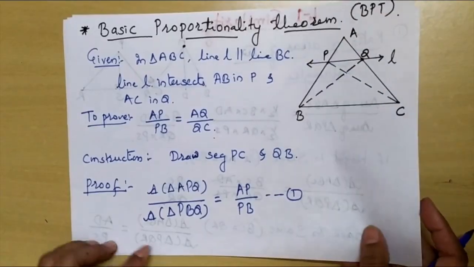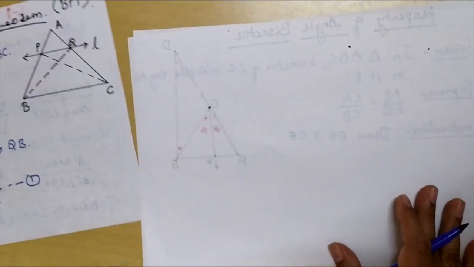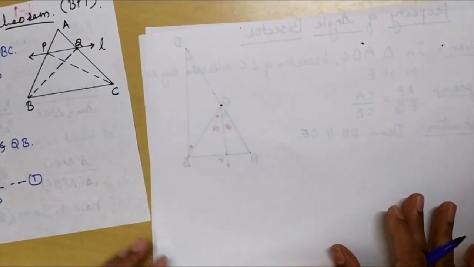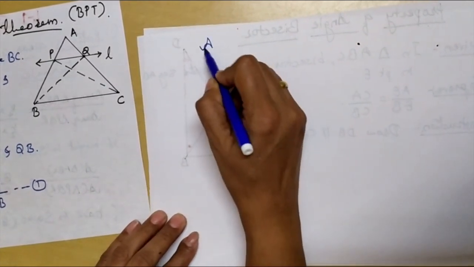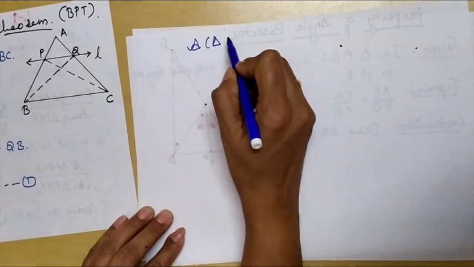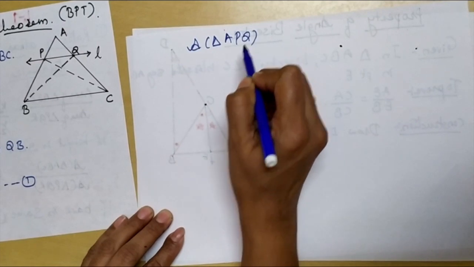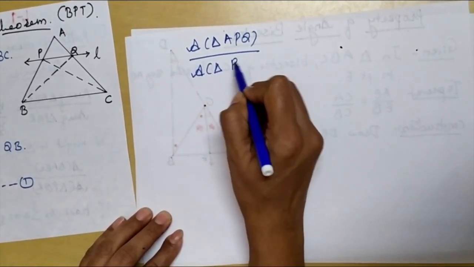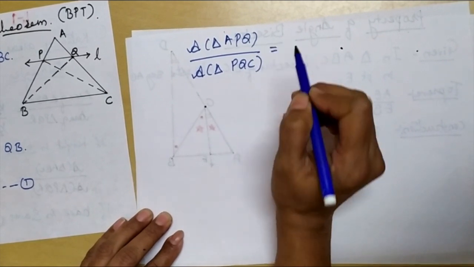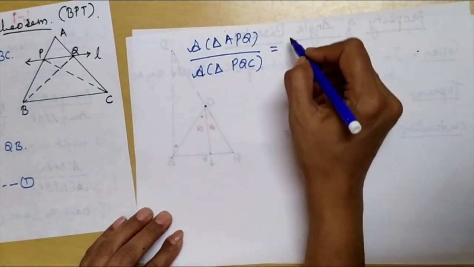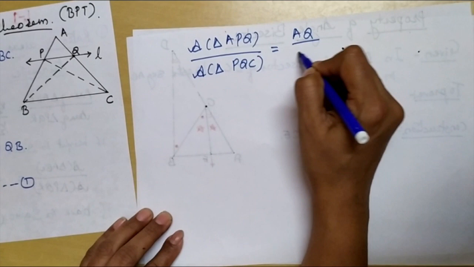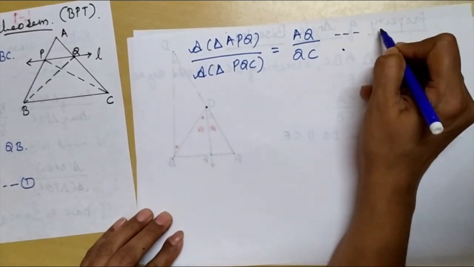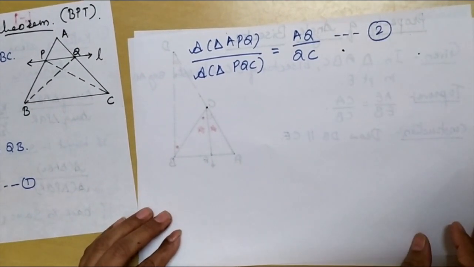Now let us consider the next one. Area of triangle APQ upon area of triangle PQC. Again here the base is the same, so it will be AQ upon QC. Let us consider this as equation second.